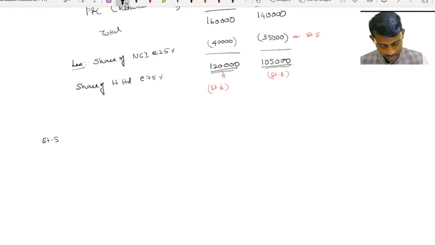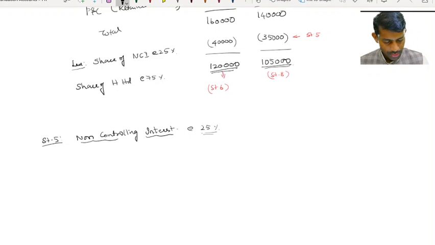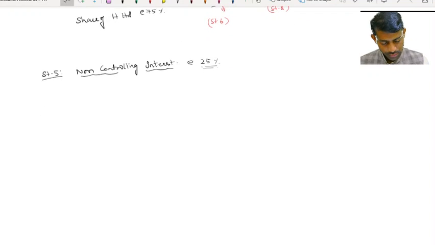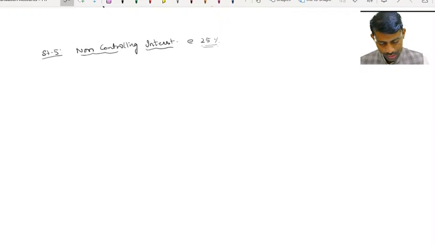Then step number 5, non-controlling interest at 25%. To start with, first is share in capital: 6 lakh into 25%, which amounts to 1,50,000.